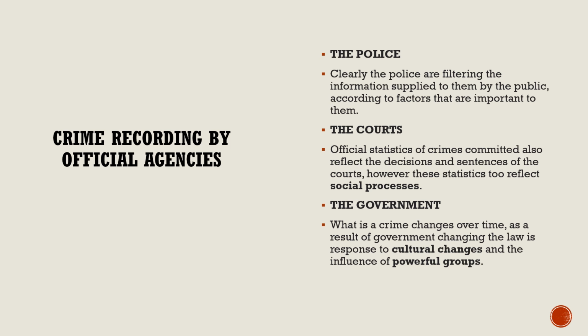If you have a look at the information on page 8, it breaks that down into 5 different aspects. So you've got the seriousness of the offence, the social status of the person reporting the offence, classifying the crime, whether the police put it into a particular category of a type of offence or not, police discretion.